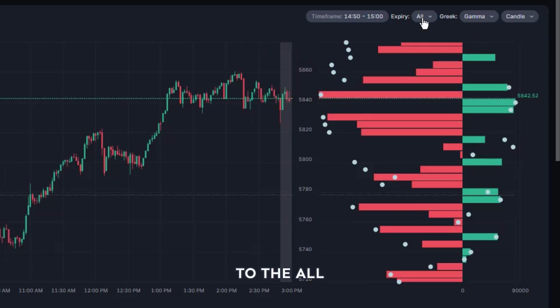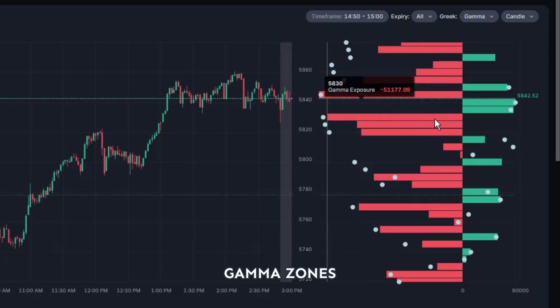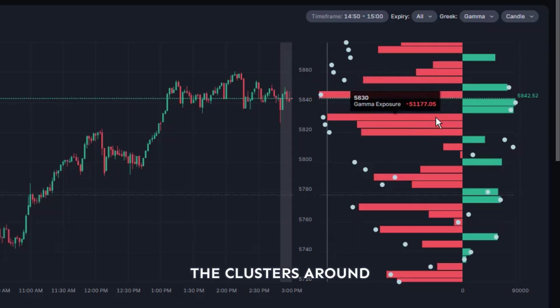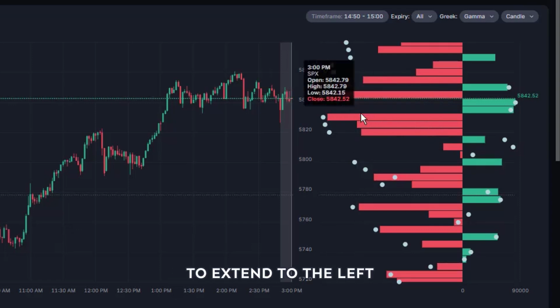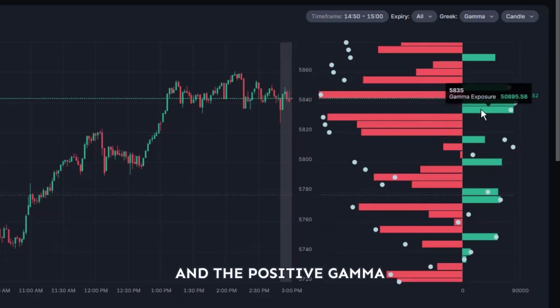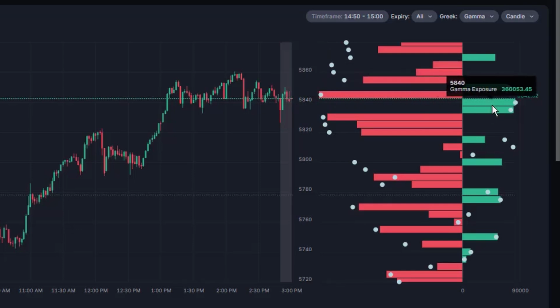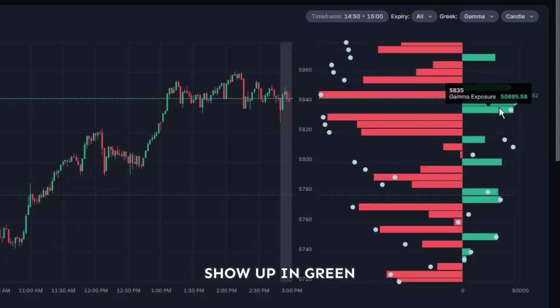I have it set to the all expiry right now, and I have it also set to gamma, which is where we're going to spend most of the conversation here. The negative gamma zones, the clusters around certain strikes, they're going to show up as red, and they're going to extend to the left, and the positive gamma clusters around different strikes are going to show up to the right, and they're going to show up in green.